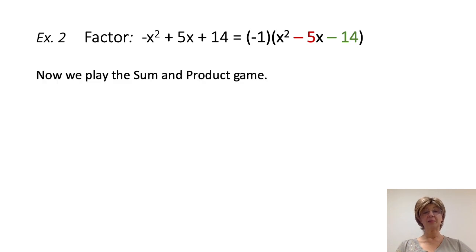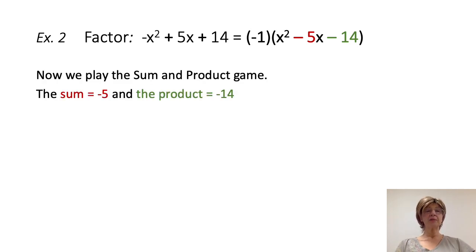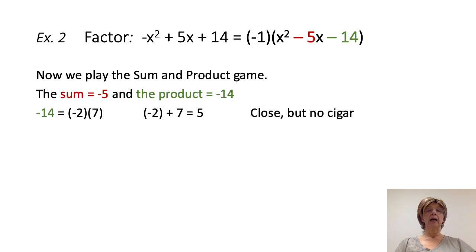Now we play the sum and product game. The sum is -5 and the product is -14. So -14 equals -2 times 7. -2 plus 7 equals 5. Close but no cigar.